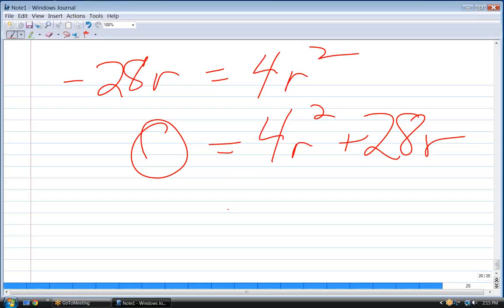Now let's factor this. So it would be 4, right? The largest, 4r.